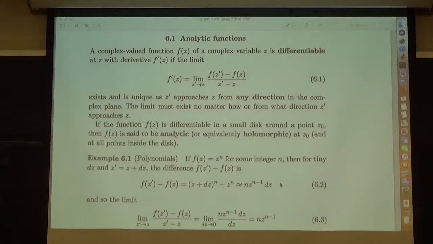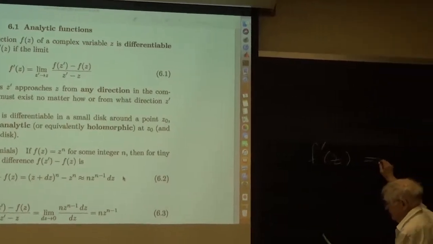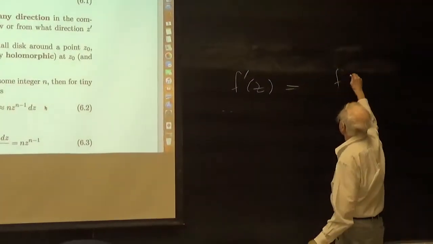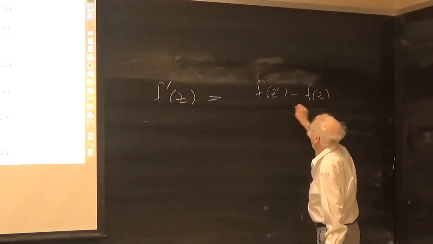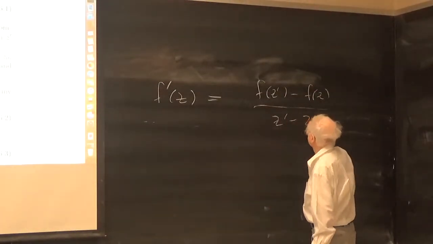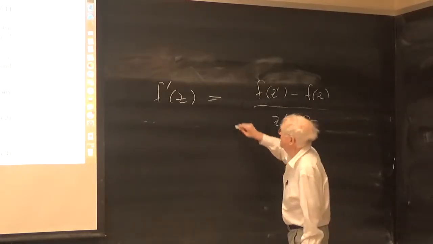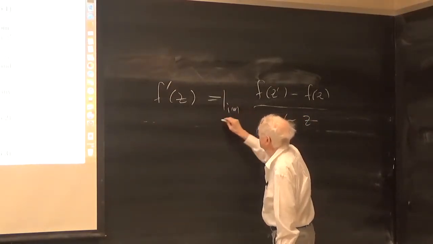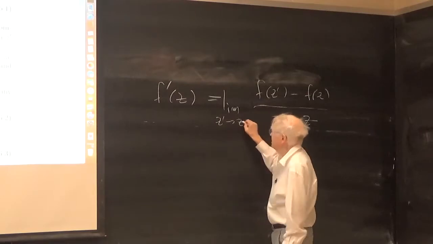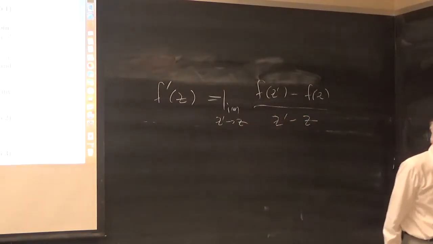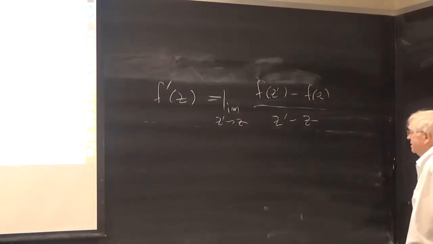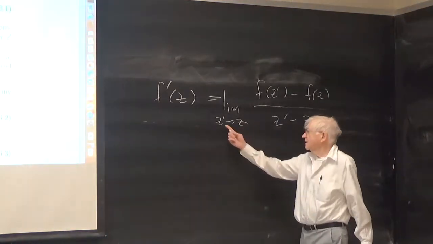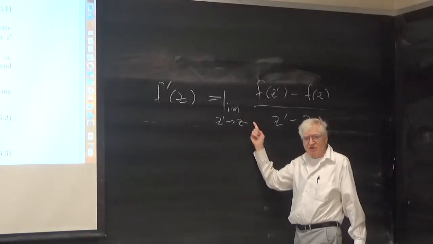So first of all, the definition of a derivative is essentially the same as for an ordinary derivative, but the limit z prime to z has to exist no matter how you approach z, no matter how those z primes approach z.